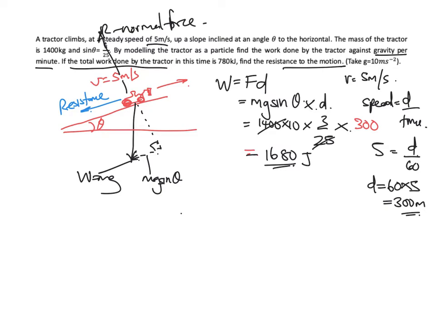Since the question requires us to find work done by the tractor against gravity, we have to use W equals mgh. So what is the work done vertically? m in this case is 1400, and then multiply by 10, multiply by height. What is the height? We have to find the height in this question.